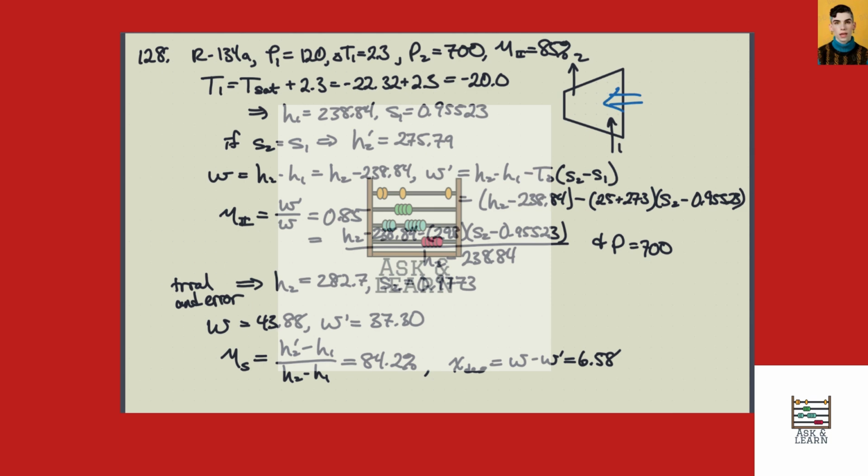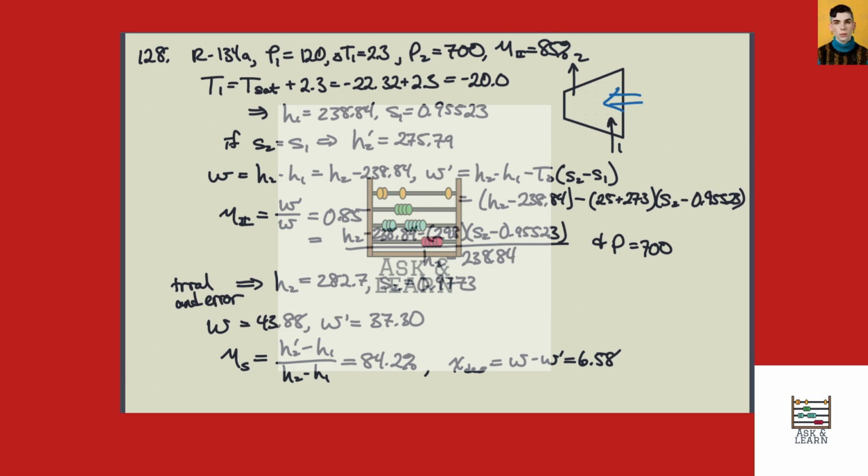Now, in this case, we don't know S2. Oh, yeah, okay, I see what I did here. I just basically used the exergy equation.